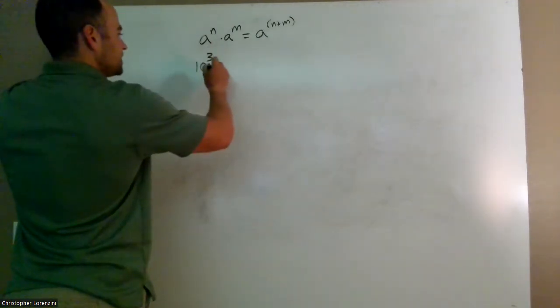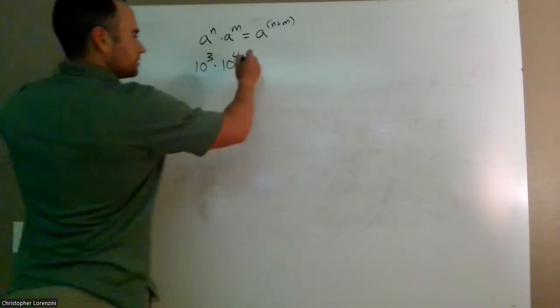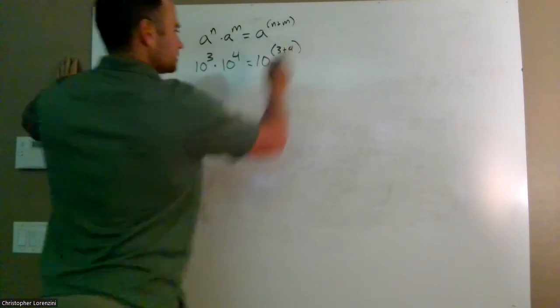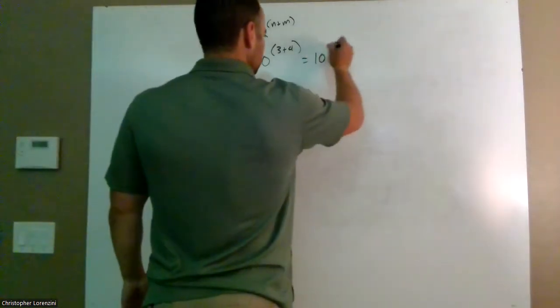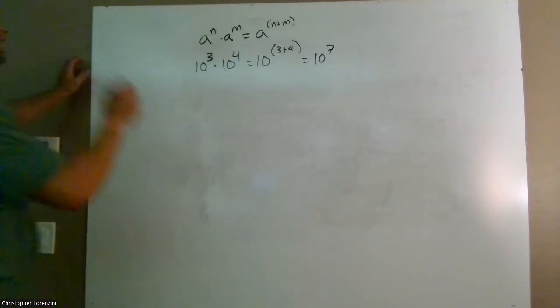That means if I have 10 to the 3rd times 10 to the 4th, this is equivalent to 10 raised to the 3 plus 4, which is the same as 10 to the 7th power. So that's the rule that we're going to have to exploit when we're doing multiplication.